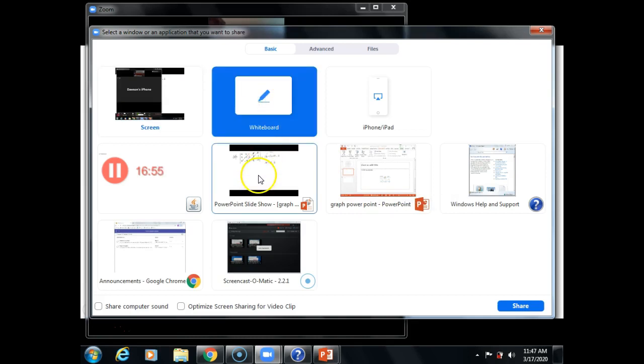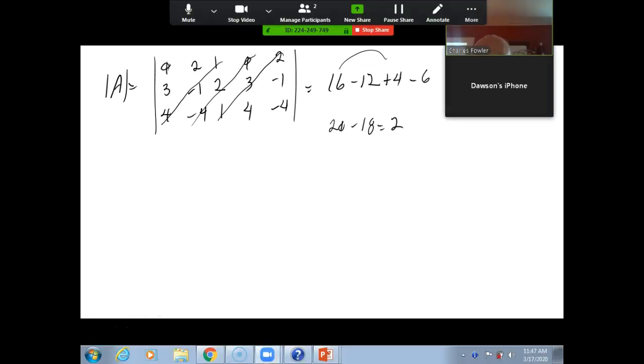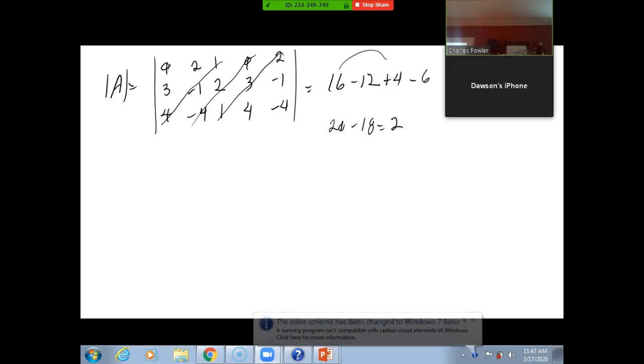There it is. Okay. All right, Dawson, can you see the whiteboard now? Yes, I can see it now. Okay, great. So you have to always share. Yeah, I forgot to hit that button.